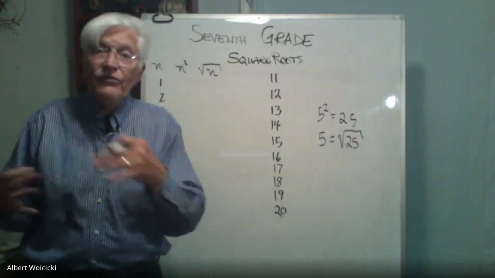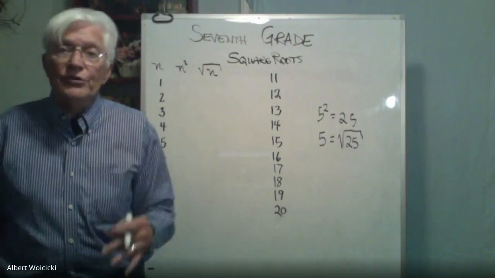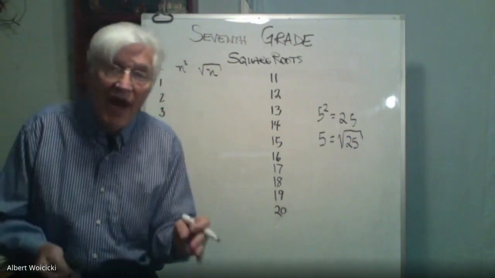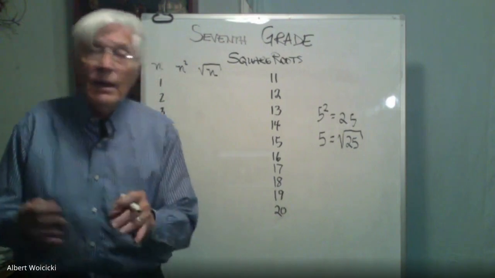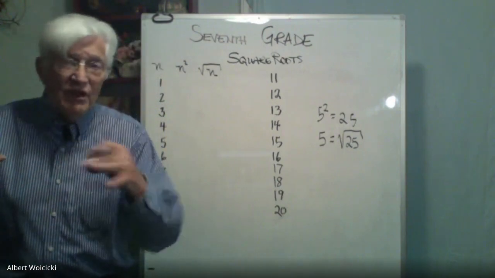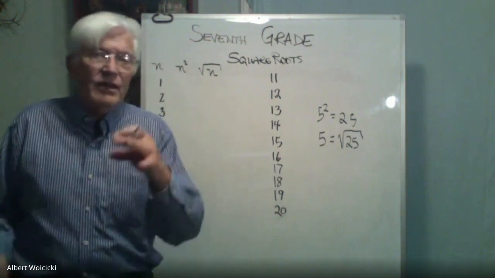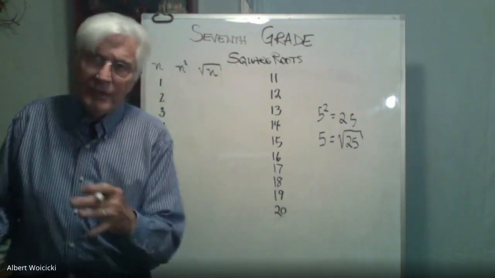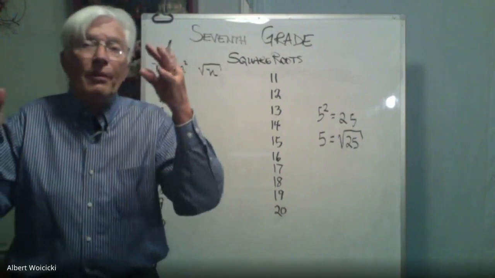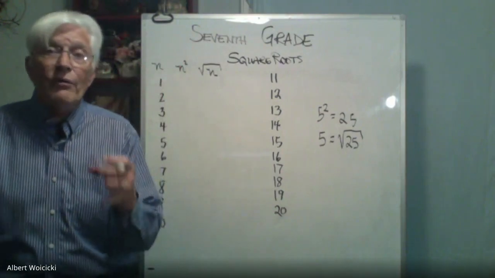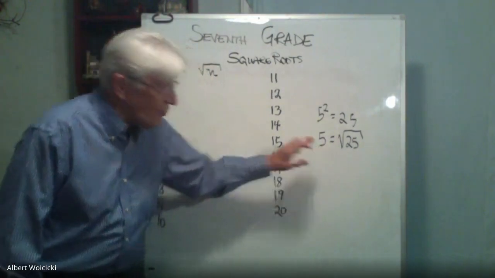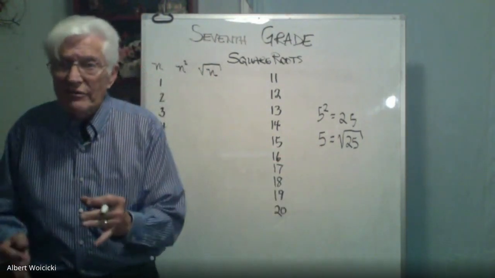So if you ask somebody, what's the square root of 25? It's 5. Now, there's going to be something different when you get to an equation because it has positives and negatives, and we're not there yet. But right now, let's just deal with the positive or the principal square root. The principal square root says it's 5.